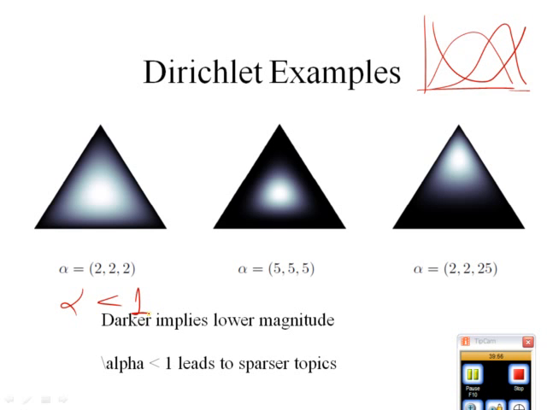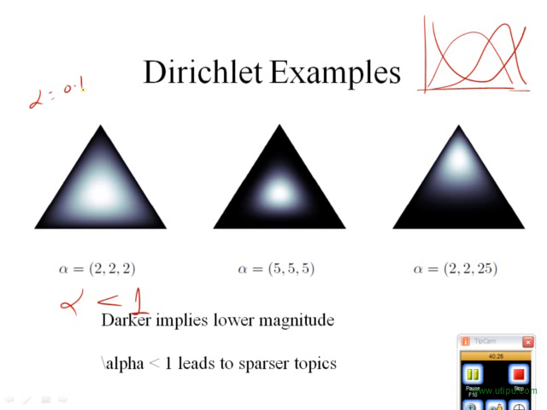So if alpha equals 0.1, how would this picture look? Remember, the picture shown here is a simplex. This is a three-topic simplex, and the whiter it is, the higher the probability that that particular topic mixture would get.